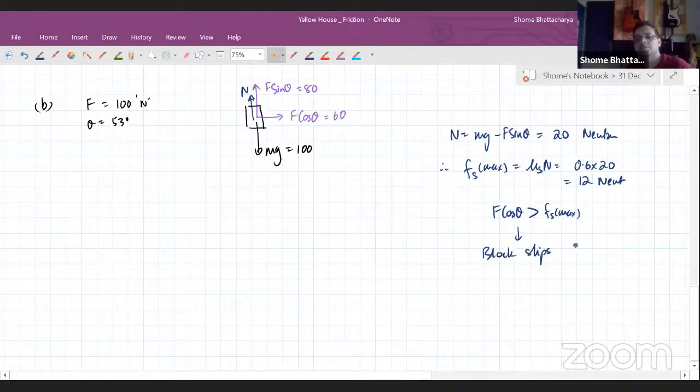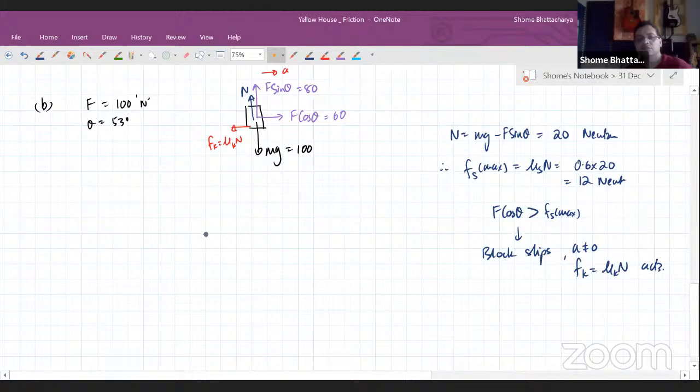So if it slips, it means that the acceleration is non-zero, and the friction acting will be kinetic friction. Okay. So unlike the previous case, the friction acting here will be kinetic friction, which will be mu k into N, and this will create an acceleration like this.